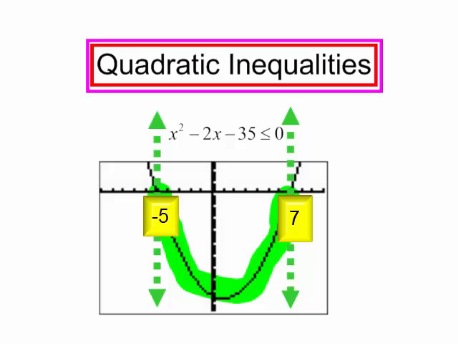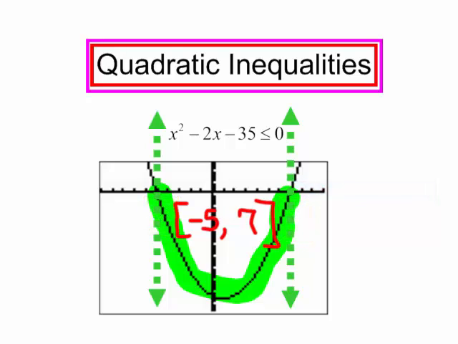And so do I want negative infinity to -5? Or would I want -5 to 7? Or the last section would be 7 to infinity. And yes, as you see, I wrote -5 to 7 is the interval of numbers that we want, because that is where our graph is below the x-axis. They are less than or equal to.